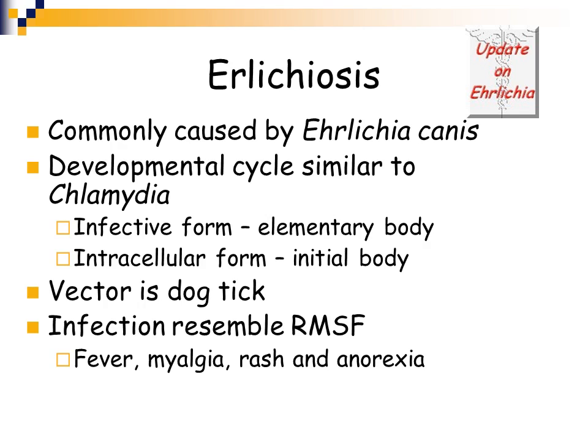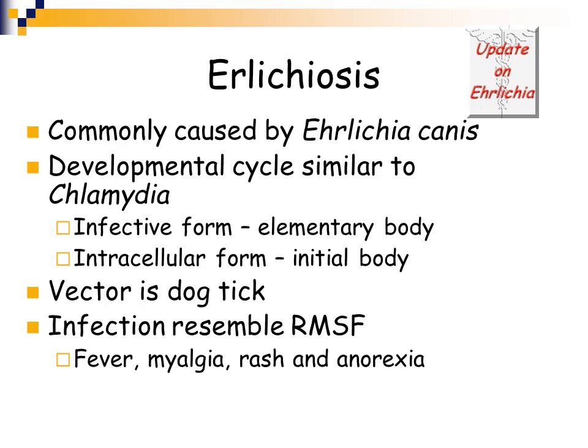So one of the genera within the Anaplasmataceae family is the genus Ehrlichia. And Ehrlichia canis is the etiologic agent for the disease ehrlichiosis. Now, the thing about Ehrlichia is it has a developmental cycle that's very similar to that of chlamydia.